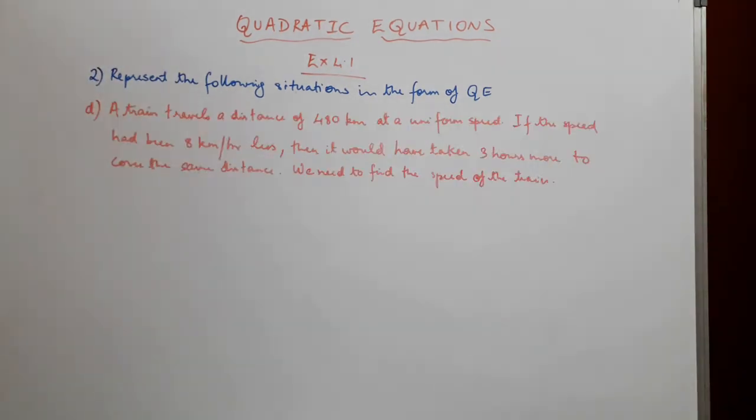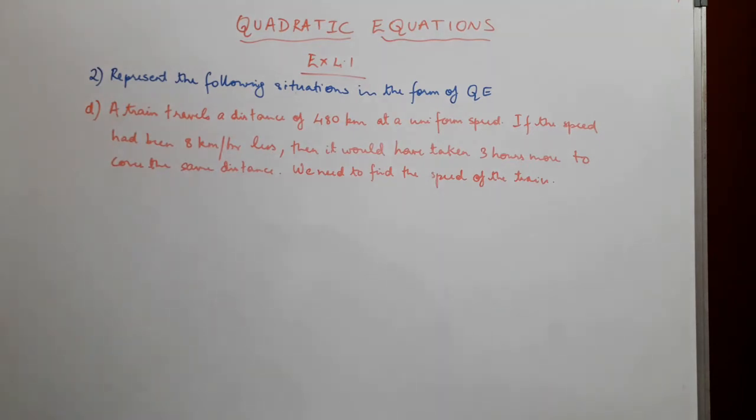Okay. Next problem: a train travels a distance of 480 kilometers at a uniform speed. If the speed had been 8 kilometers per hour less, then it would have taken 3 hours more to cover the same distance. We need to find the speed of the train.